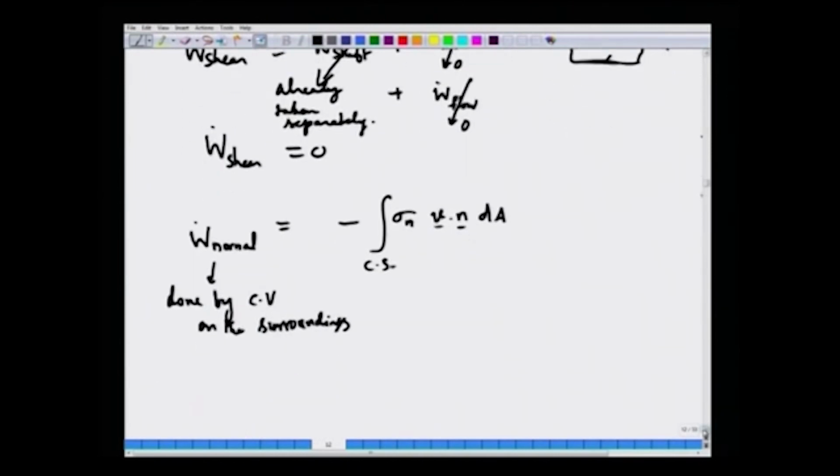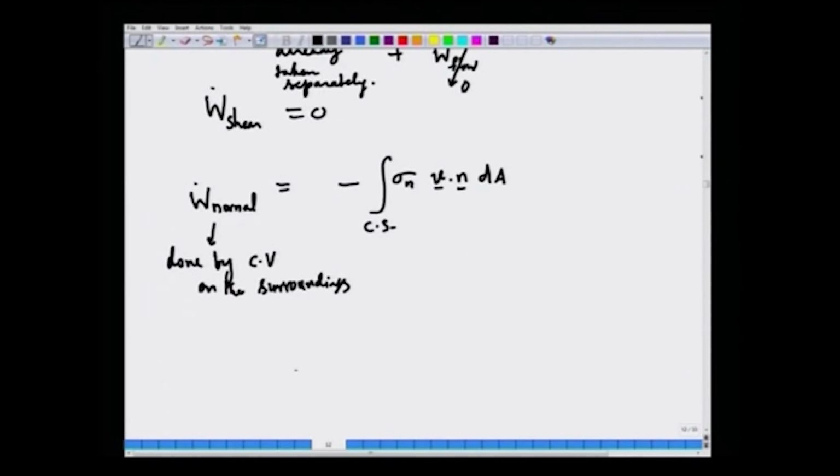We will see a little later that the normal component of the stress comprises both a pressure, which is acting compressively, and so sigma n is minus P, because if you take a surface with unit outward normal n, pressure acts in the direction of minus n. And then you also have some viscous shear stresses acting in the normal direction.